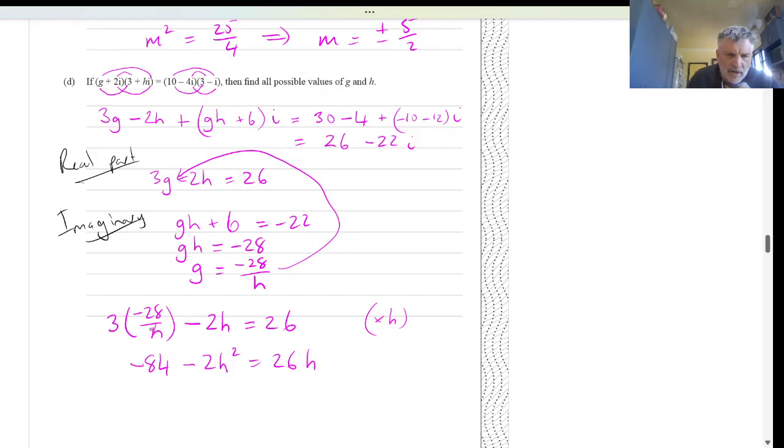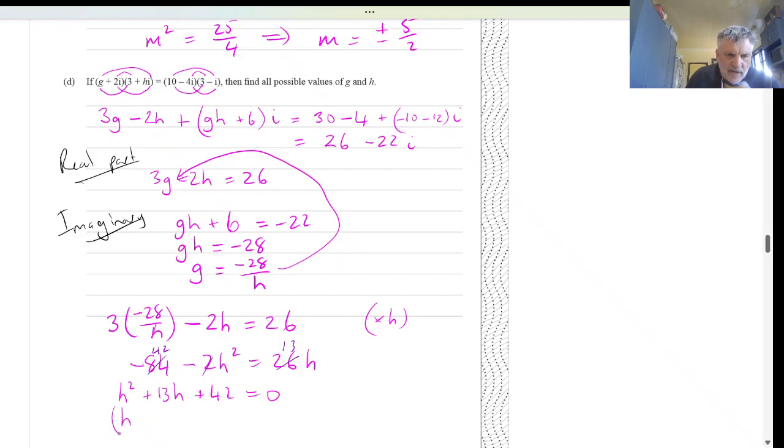You see it's a quadratic. Write it in standard form, and I'm going to simultaneously divide everything by 2. So we get h squared plus 13h, putting these terms onto this side, plus 42 equals 0.